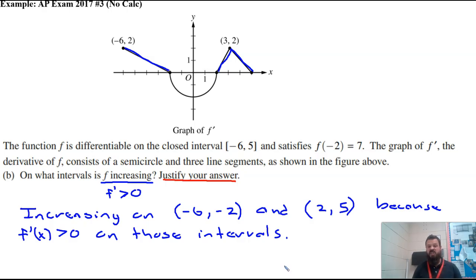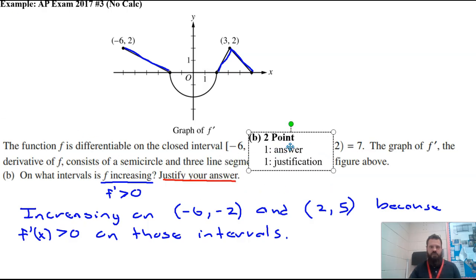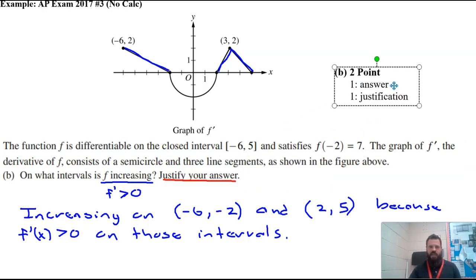Now, we don't need to explain anything further than that. We don't need to teach the reader calculus. Okay, we'll assume the reader knows how calc works. So we'll just tell them we looked for where our derivative was greater than 0 is how we knew these were the correct intervals here. And then for the scoring, 1 point for the answer, 1 point for the justification.